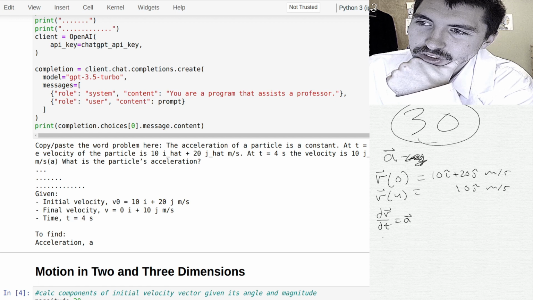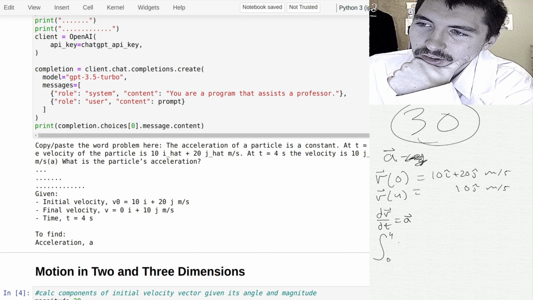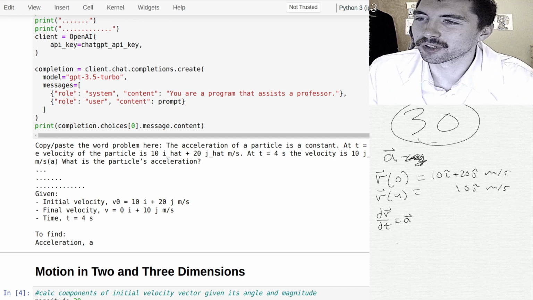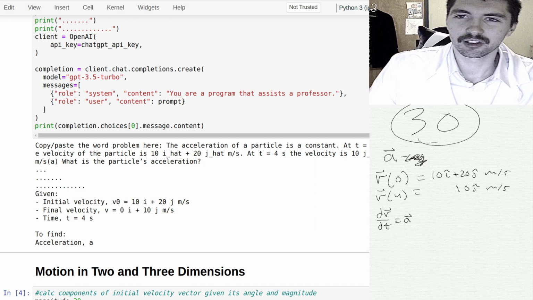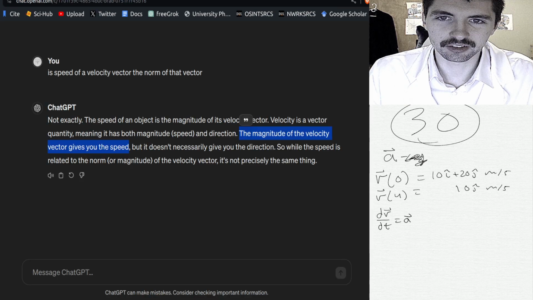What if we wrote these as integrals? What if we wrote 4, 0, that won't work either.